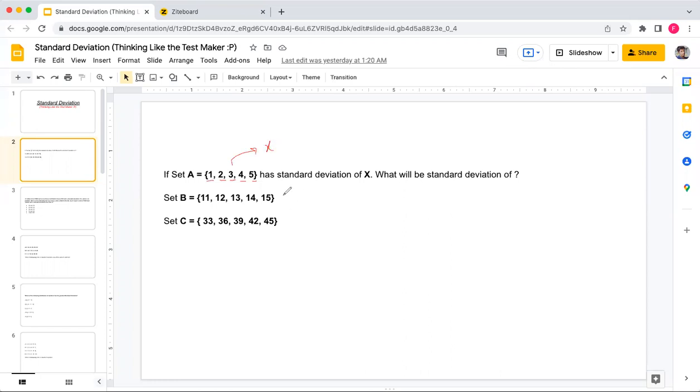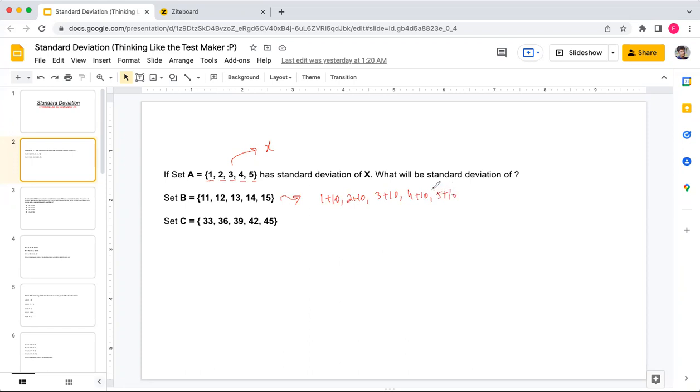And we discussed two properties yesterday: if we add or subtract the same number from each element of the set, there is no effect on standard deviation. If we see B, its elements are 11, 12, 13, 14, and 15. We can also write this as 1 plus 10, 2 plus 10, 3 plus 10, 4 plus 10, and 5 plus 10.